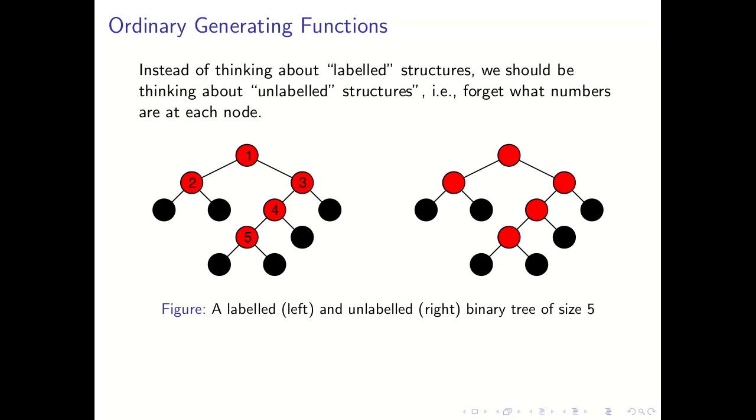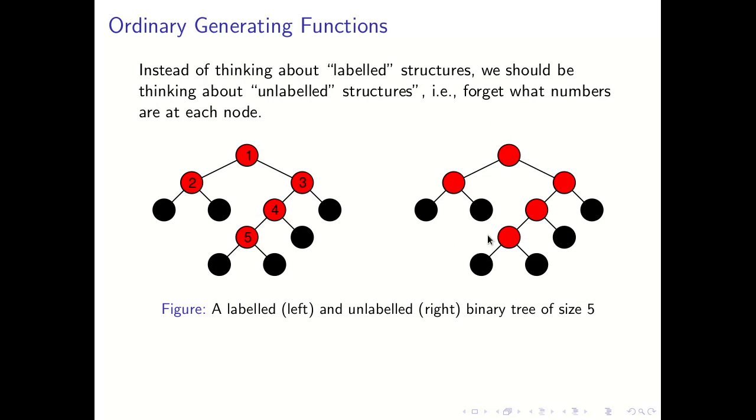Because for labeled ones, we have all these additional choices to make about where to put the labels. That's where the divided by n factorial is coming from. But ordinary generating functions are for counting things like this thing on the right, where we only really care about the shape.